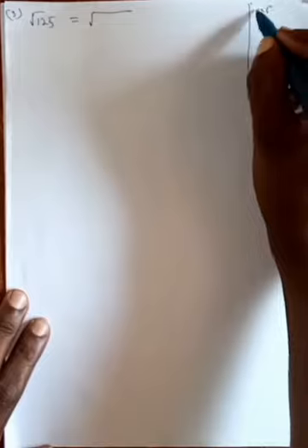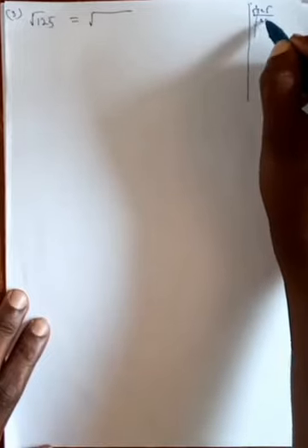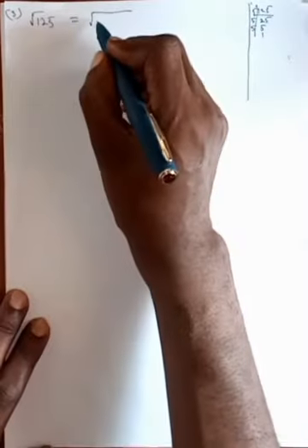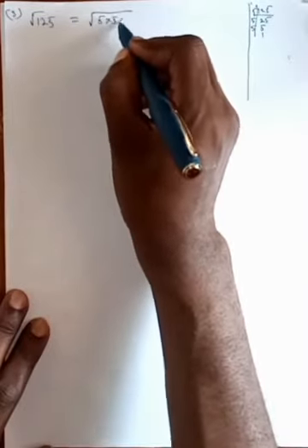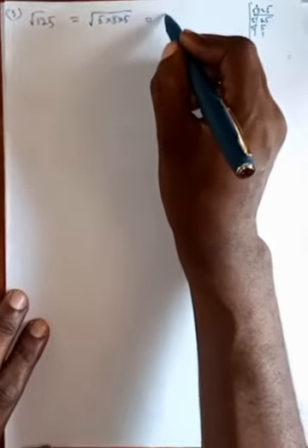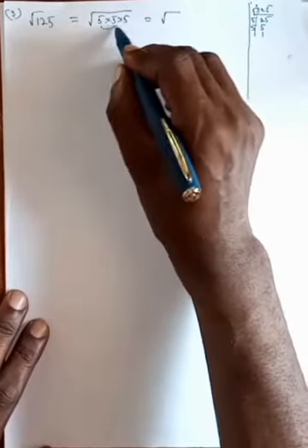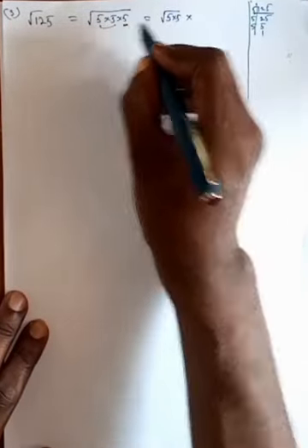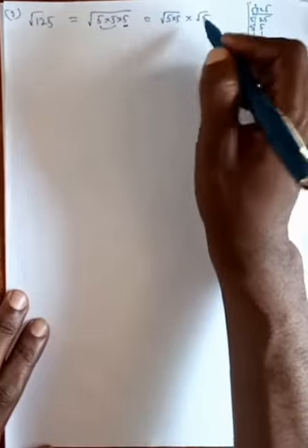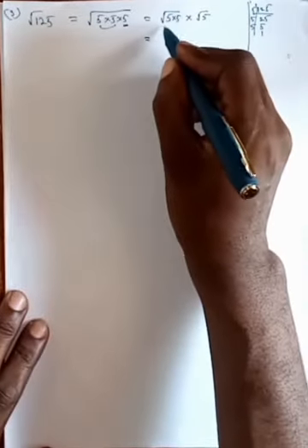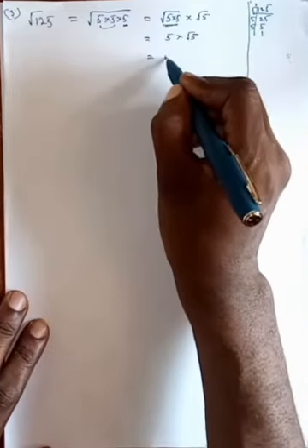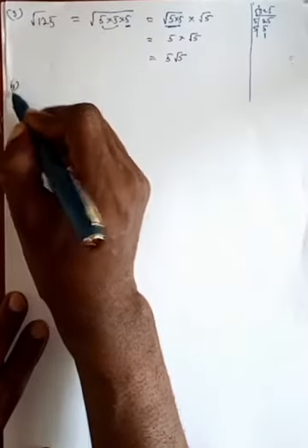So 5 in 125 is 25, 5 in 25 gives 5, and 5 in 5 gives 1. So 125 can be written as 5 times 5 times 5. After this, the grouping. We group this and this, 5 times 5, multiplied by, since we are left with only one number, only that number is going to maintain this root. And the result this gives is 5 multiplied by root 5. The final result we get here is 5 root 5.